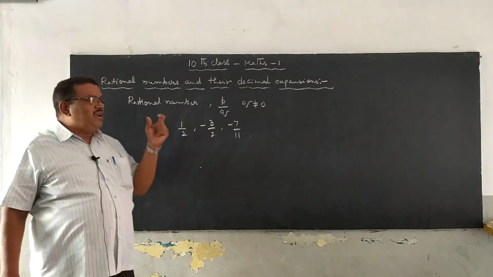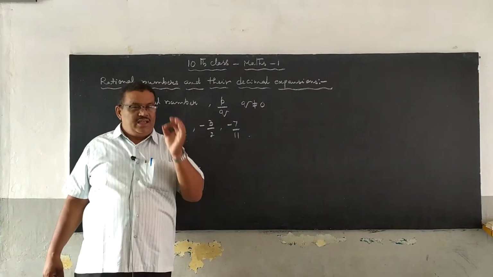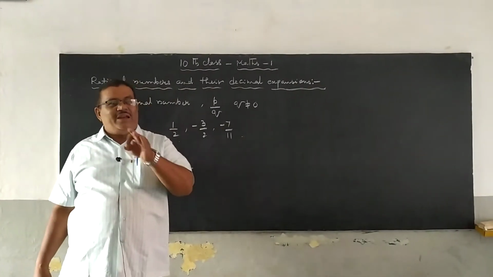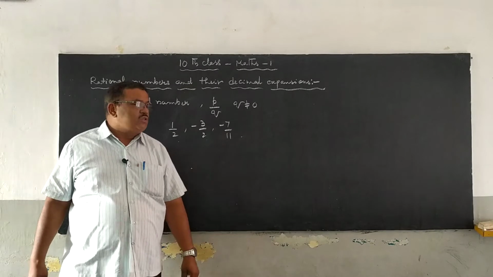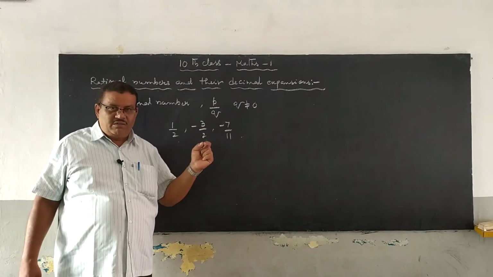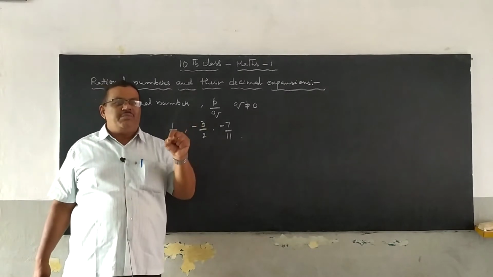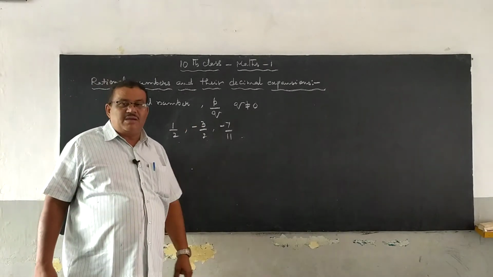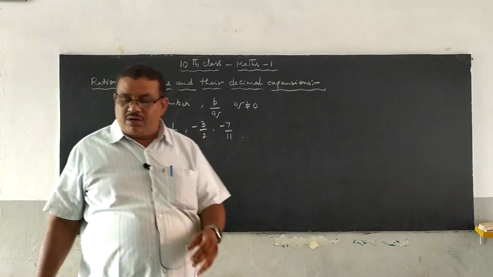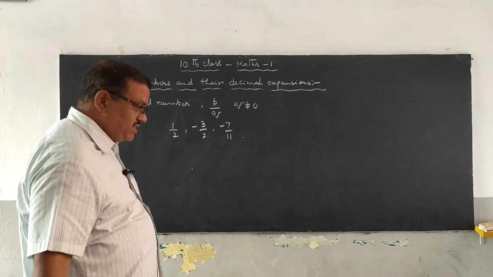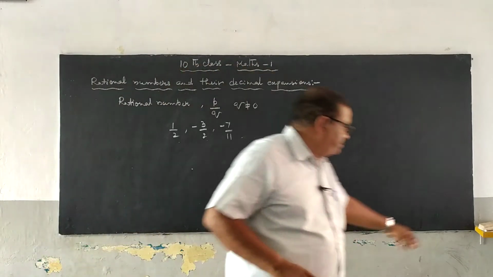Every rational number can be expressed as either a terminating decimal or a non-terminating repeating decimal. Some of the examples are already there on page number 9. Afterwards, we have to do these problems.